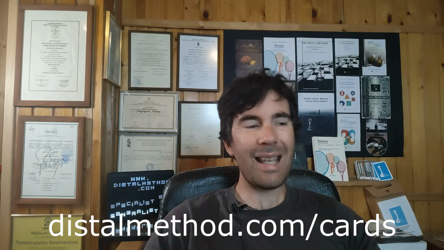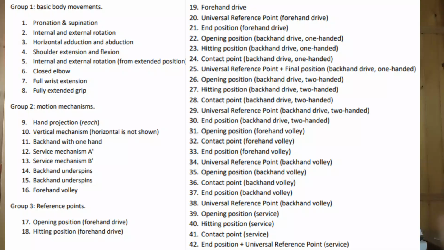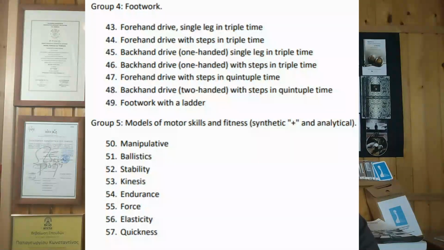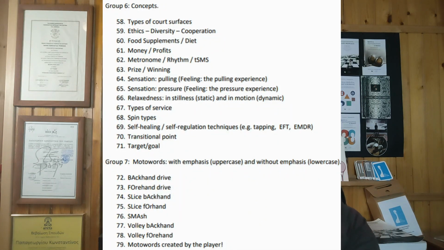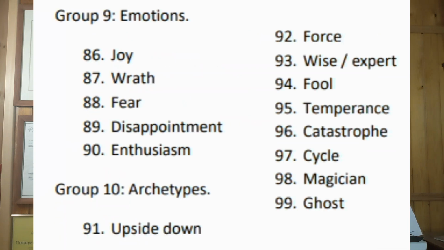So there are 10 units, 10 parts. They are divided into 10 categories. It's 100 cards. So it's basic movements, shot mechanisms, reference points, footwork, the two models about physical conditioning and motor skills learning, some concepts, the motto words, the tools of the Distal method, working with emotions and archetypes.